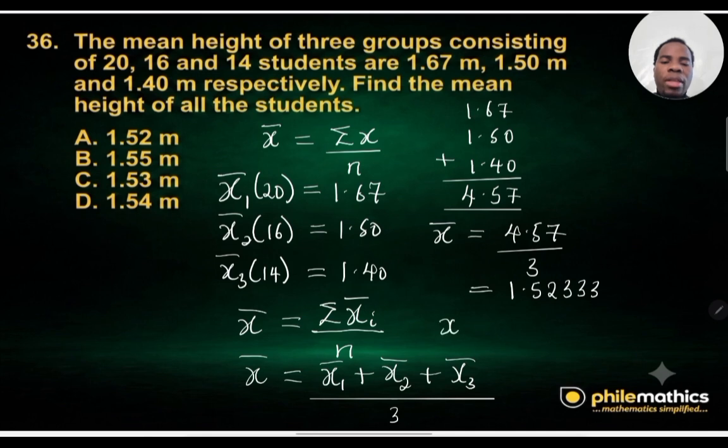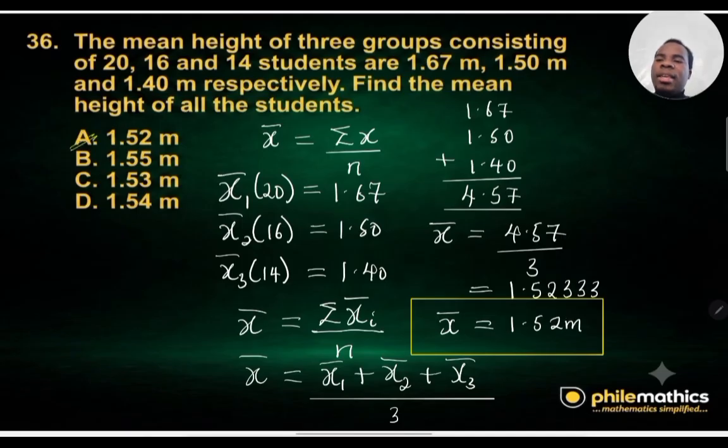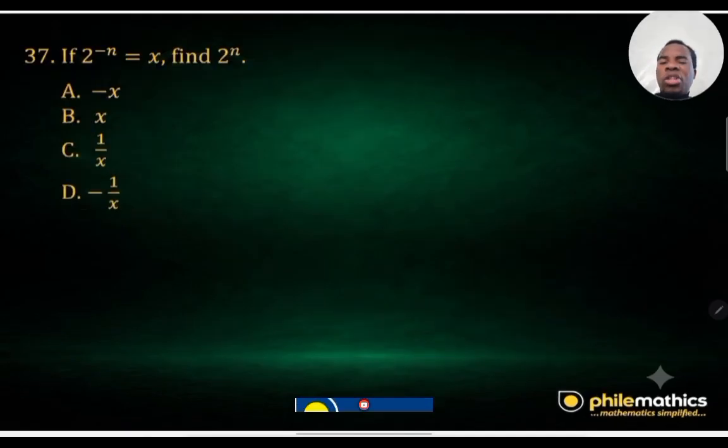So our mean will simply be, to 2 decimal places, 1.52, since 3 is not up to 5. And that is A.